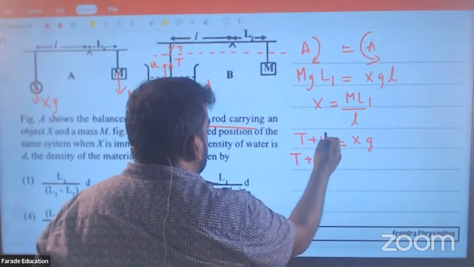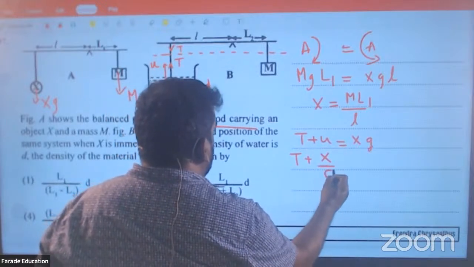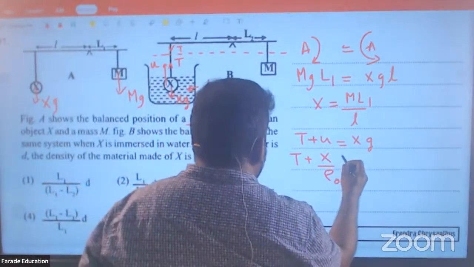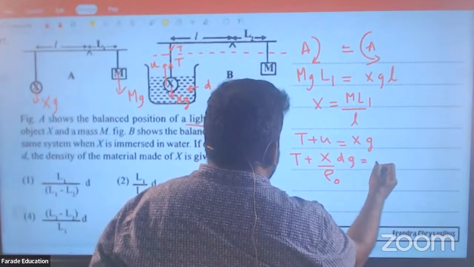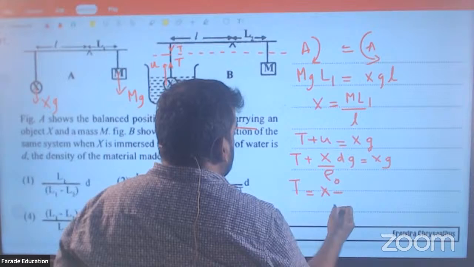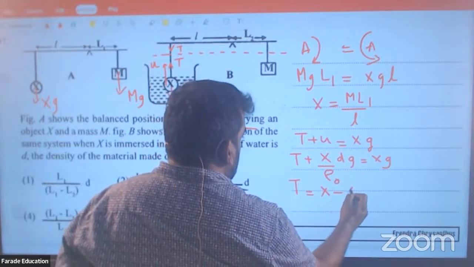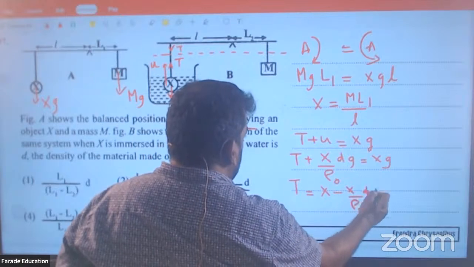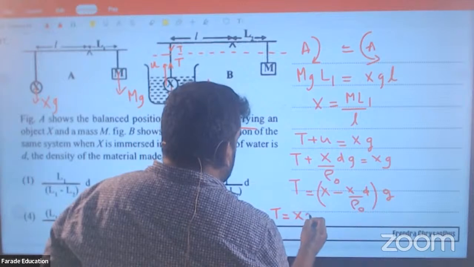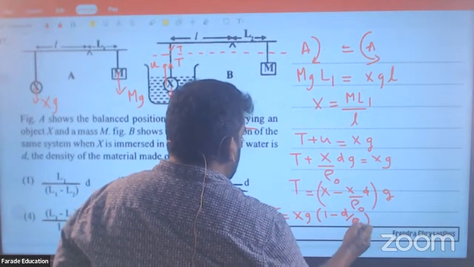Tension plus submerged volume times density of liquid times g, where the volume is mass X divided by density of object. Tension is equal to Xg minus X over rho naught D g, take g out. Tension is equal to Xg times 1 minus D over rho naught, where rho naught is the density of the object.